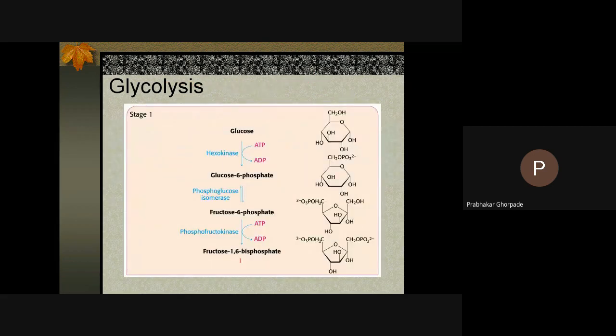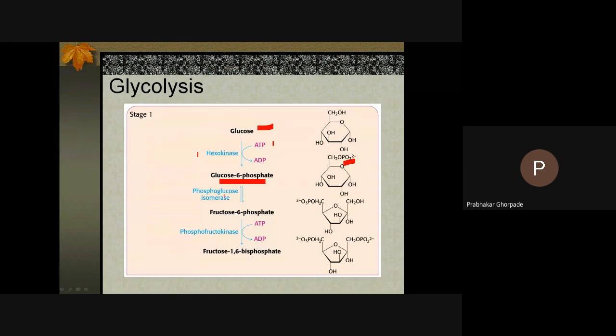So till now we have seen this. We have a glucose molecule here. With the help of hexokinase and ATP, this glucose molecule gets converted into glucose 6-phosphate. Here we have added the phosphate. Now the next enzyme in glycolysis is phosphoglucose isomerase.